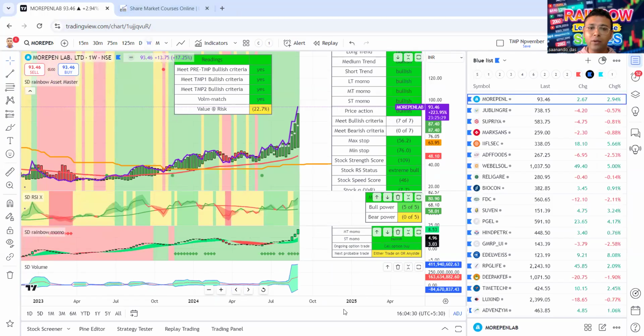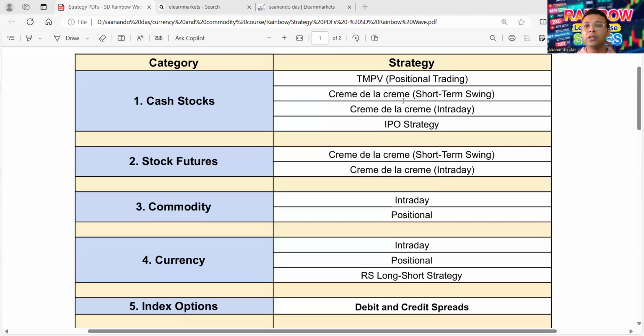So let's go back once again to the strategy PDF. शॉर्ट टर्म स्विंग के लिए, ये हम लोग फ्यूचर में डिस्कस करेंगे मोर इन डिटेल. Short term cream de la cream, ये cream de la cream जो स्ट्रेटेजी है, इसके लिए हमें चाहिए फाउंटेन ऑफ गोल्ड सेटअप.